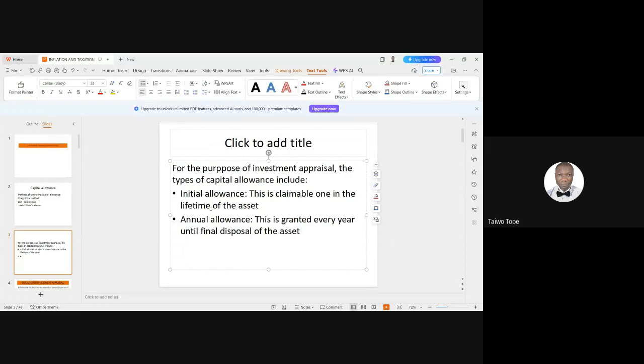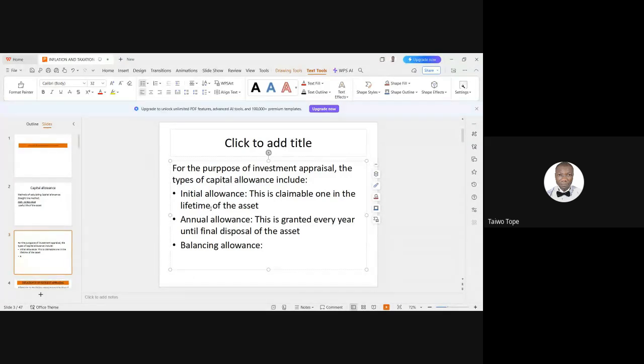Now, the key ones that are very important and prevalent when you are solving questions on NPV and investment appraisal, we have the issue of balancing allowance. What is this balancing allowance?